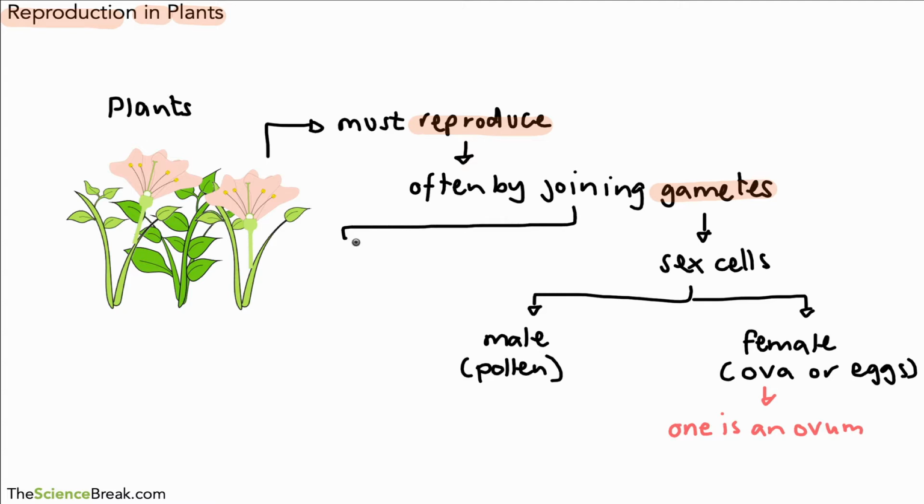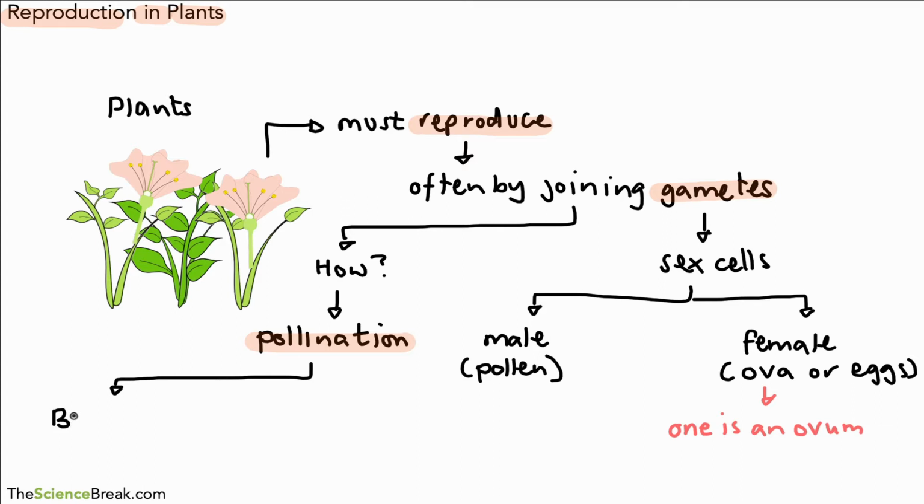How are the sex cells joined? How do pollen grains and egg cells join? Well, there's a couple of different ways in which this can happen. But the process is called pollination. It can be done either by insects.